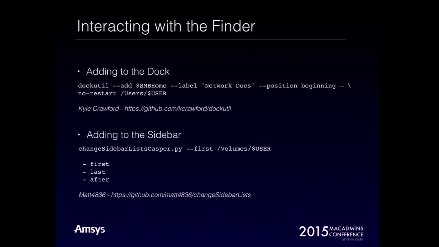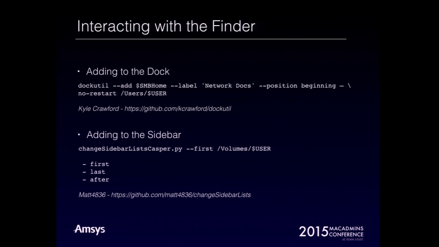They have to find the servers and so on. So we just add it into their shortcuts in the sidebar as well. It's the final place you need to put it. This command is really nice. You just give it the path, and there are loads more options on this. You can tell it to go after a certain icon and do all sorts of clever things with it. But in this case, we just say put it first. Being a folder, this will go first in the folder section, but after the apps.